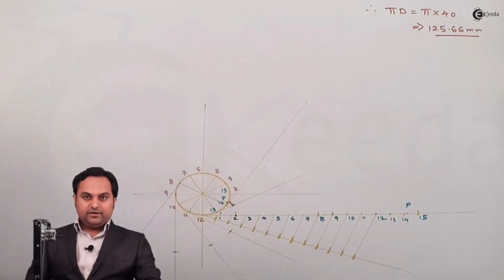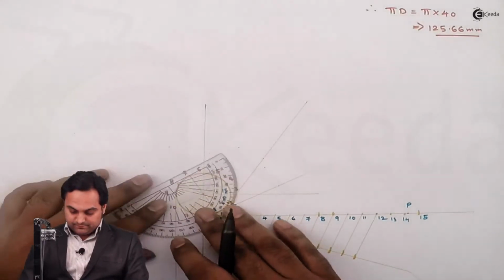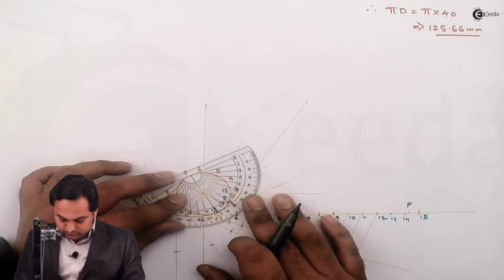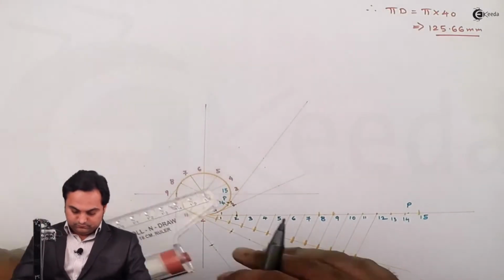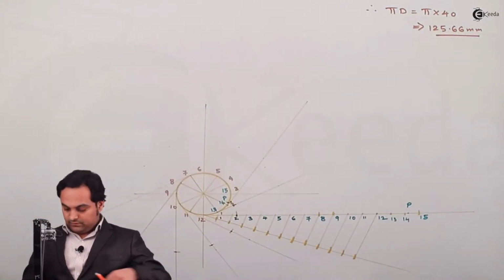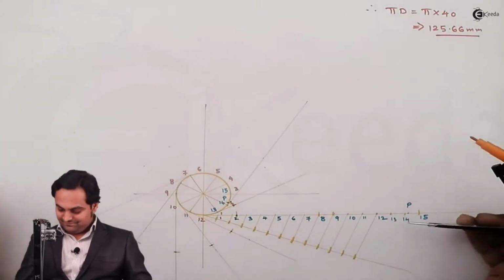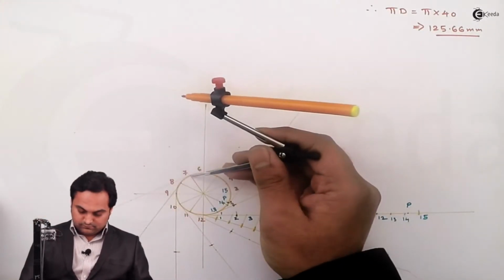Next, marking it through point 7, that is drawing the tangent here. Then P to 7, cutting this.